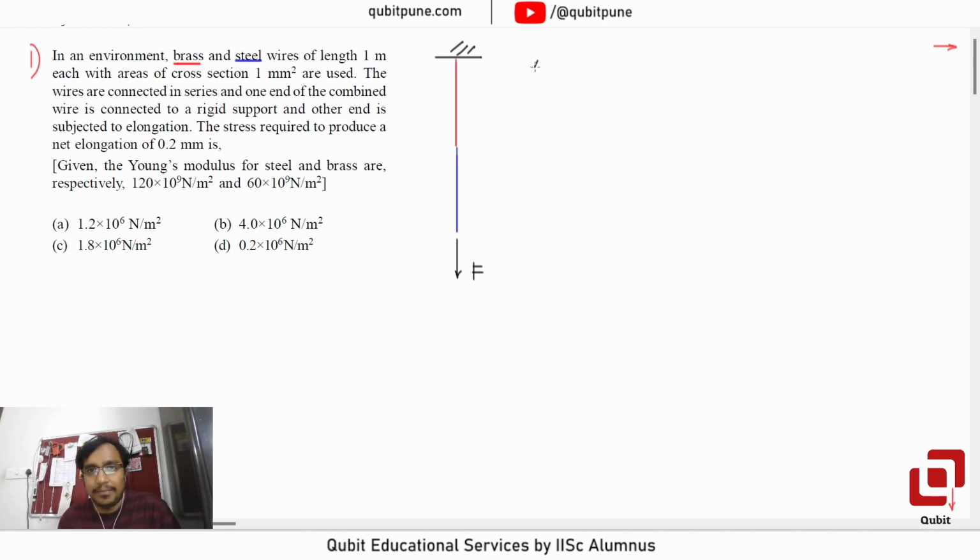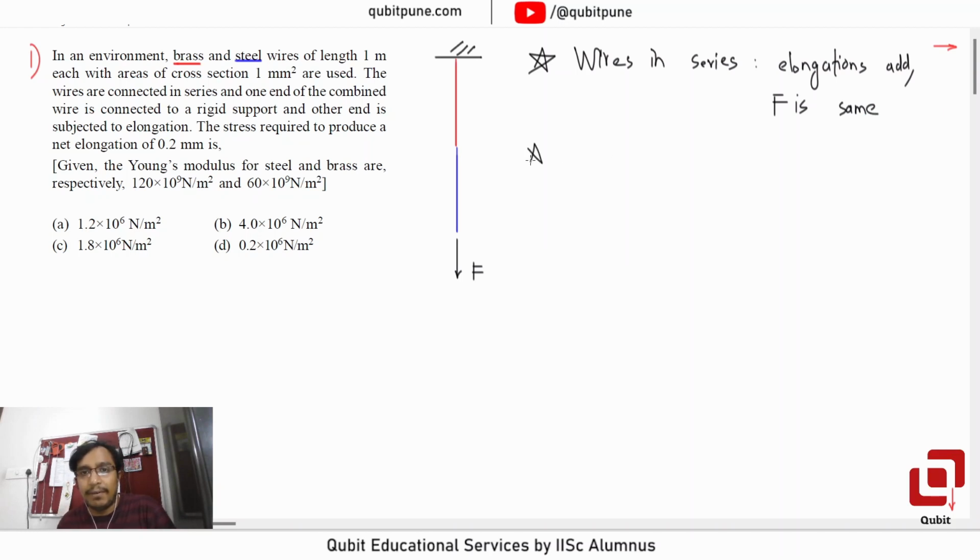Now look here. When wires are connected in series, elongations add, but F is same.